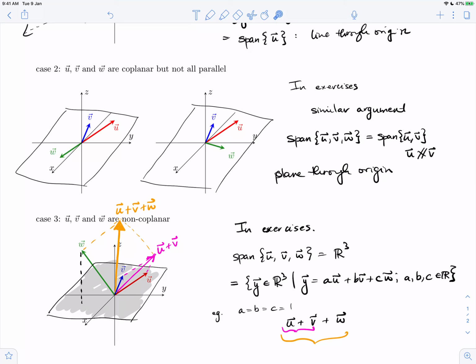Well, now imagine, and I'm giving you just a little bit of a geometric intuition, imagine that we could scale u, v, and w with scalars. That's why they're called scalars, right? We could change their length and we can change their direction.